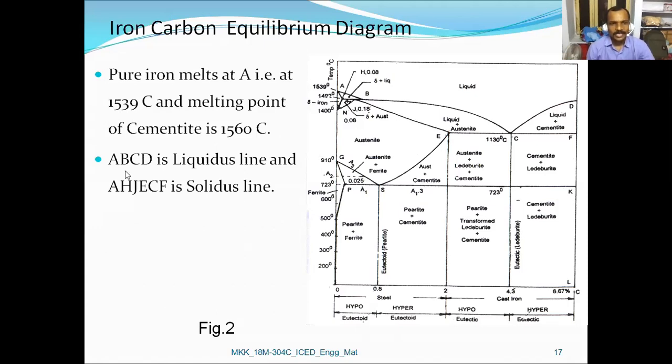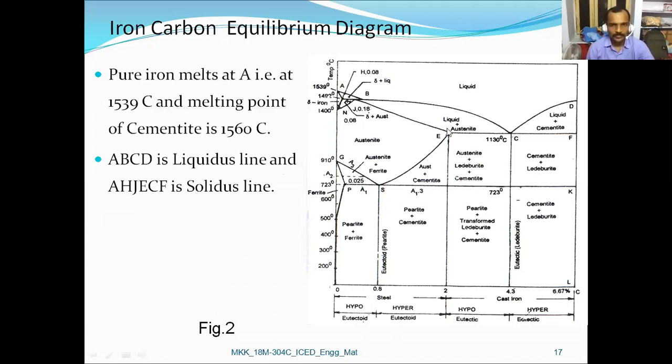So ABCD is a liquidus line. Observe here, A, B, C, and D. This is a liquidus line, and AHJECF is a solidus line.